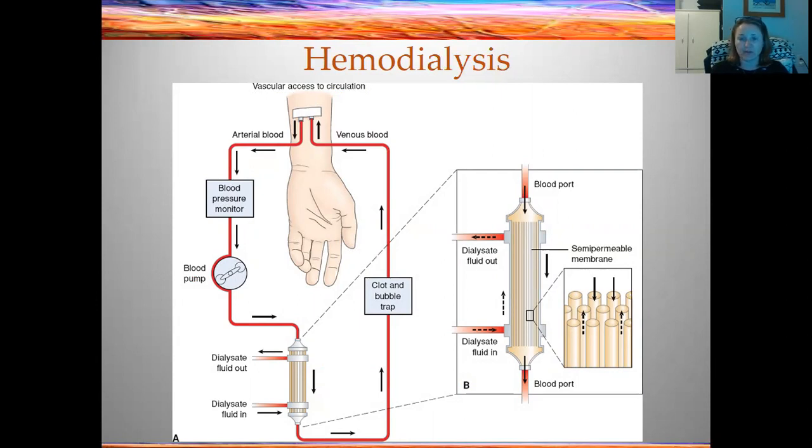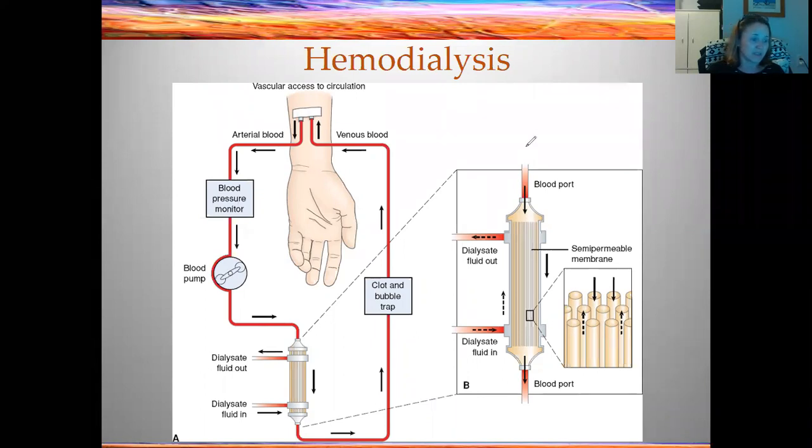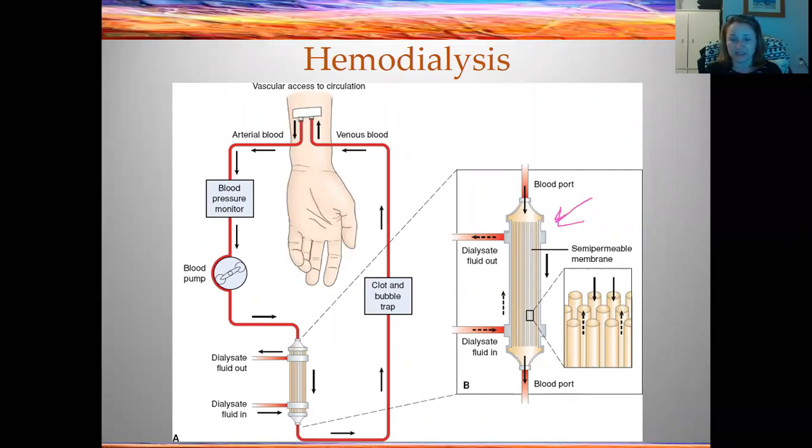Hold on, I've got a dialyzer. With hemodialysis, your artificial kidney is basically this dialyzer. The dialyzer is a synthetic semi-permeable membrane that the blood is filtered through to remove the toxins and the desired amount of fluid.